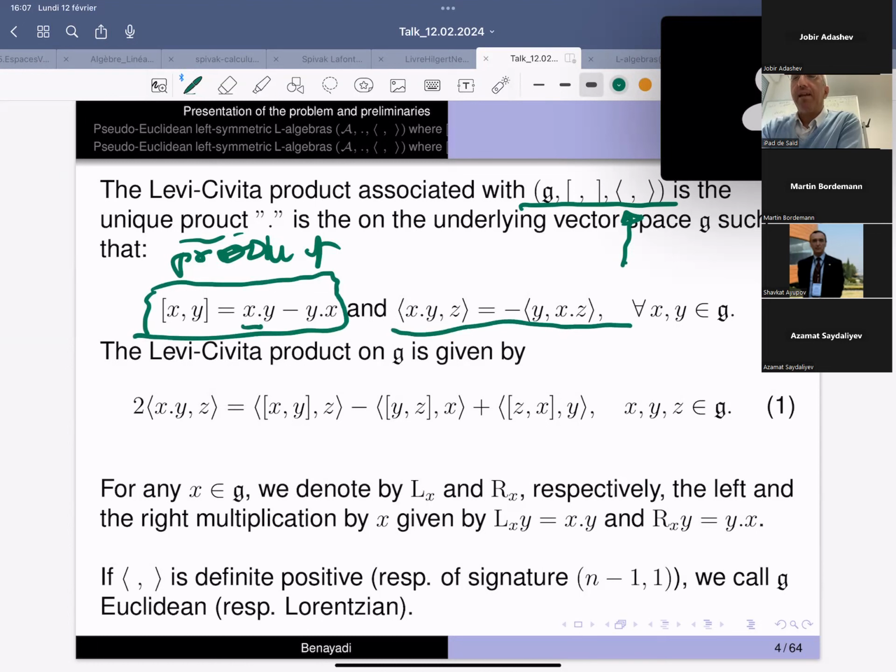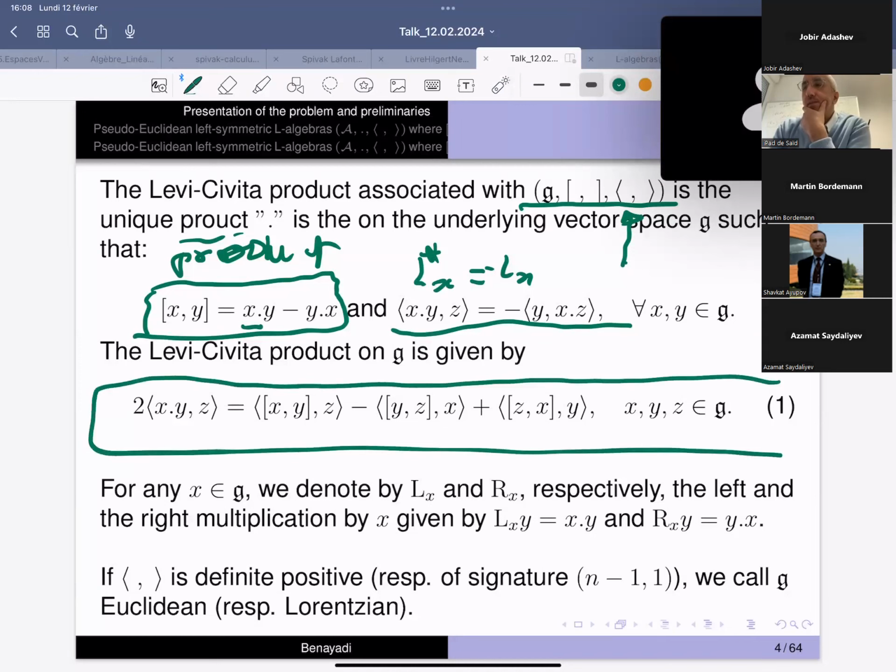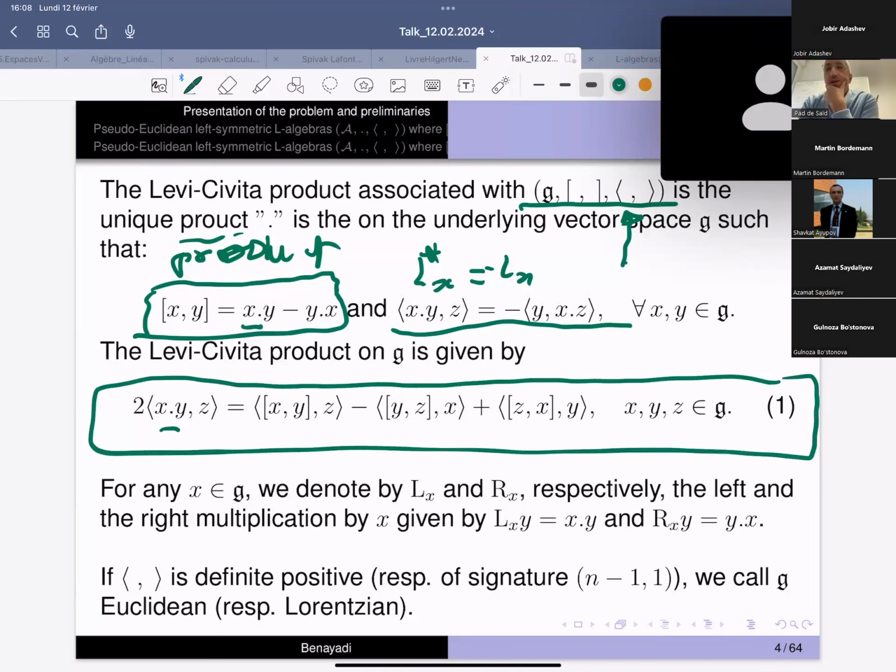That means that Lx, the left multiplication, minus the adjoint of Lx is minus L of x. The Levi-Civita product is unique as it is defined by this and this. Here we remark that this product is completely defined by the scalar product and the bracket of the Lie algebra.